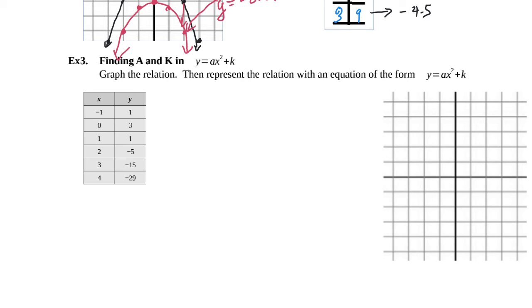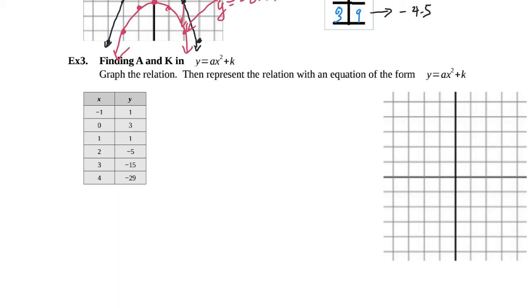And the key idea is to graph the points on the graph and then find the vertex, use the vertex to help us figure out what our k value is. And then we have to find the a value by plugging in one of those points. So in this case, we're going to do the math version of it, and then I'm going to show you how to do the final version. That just uses a really cool feature about quadratics.